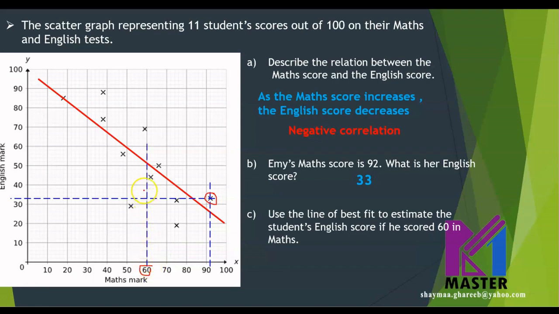We are going to find the meeting point with the line, then we are going to read, which is 52. Is this clear? How do we use the line of best fit to find any value that is not within the given data in the question?